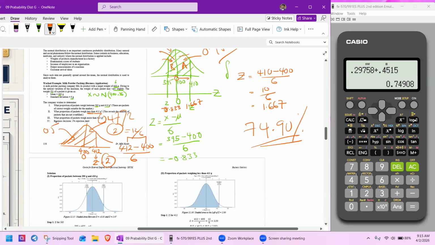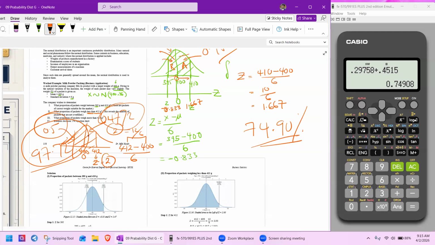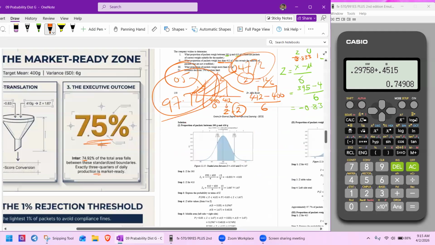So therefore, we know that this is 50%, this is 47.72, therefore the total is 97.72%. The probability that the weight is less than 412 is 97.72%.